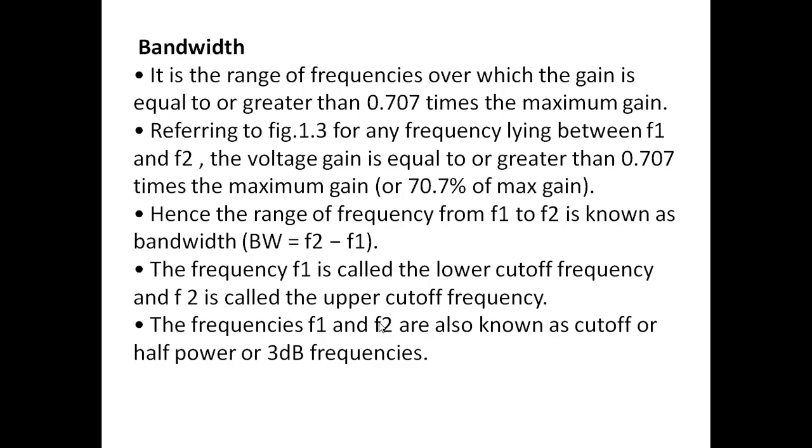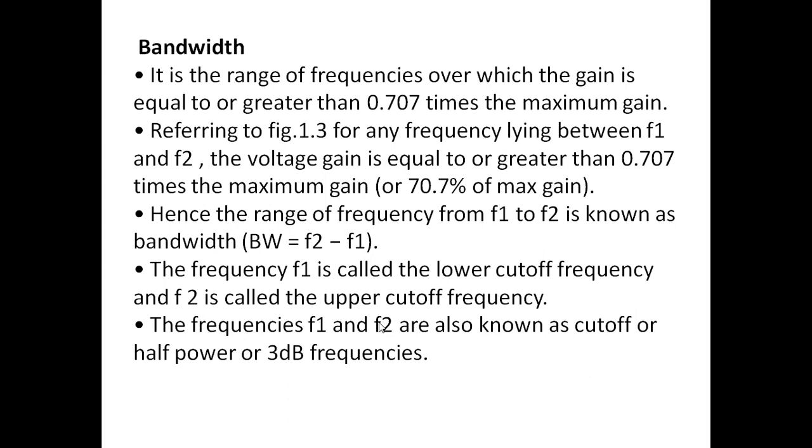So 70 percent of that value gives the bandwidth. This is simple. Bandwidth is the range of frequencies over which the gain is equal to or greater than 0.707 times the maximum gain.